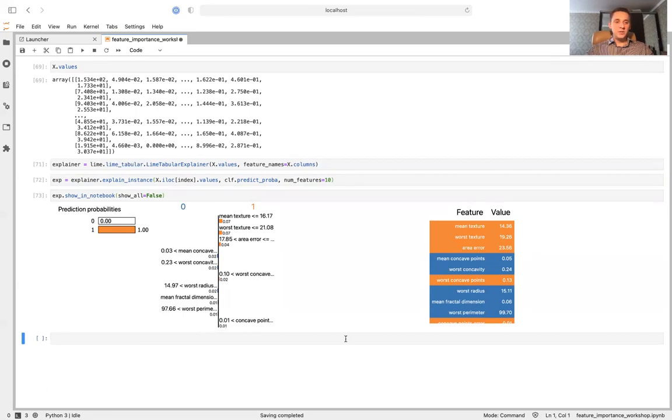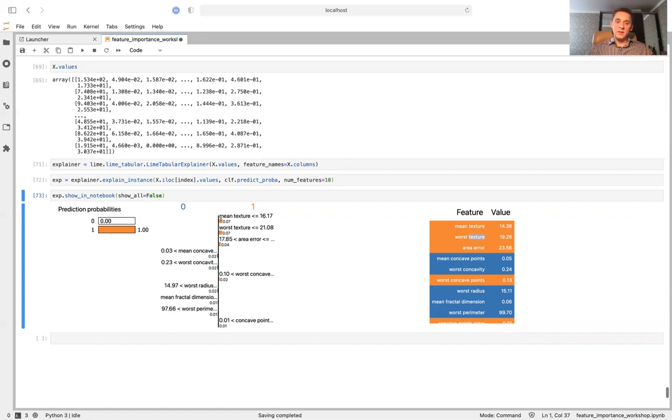Okay, so the predicted value is 1, and what LIME actually thinks is that mean texture, worst texture and area error were the most responsible features for predicting the value 1. Here we can also see in our table that mean texture and worst texture are less than some threshold values. That's how LIME analyzes it: it analyzes various thresholds and builds a proxy to the dependence plots by Shapley values.